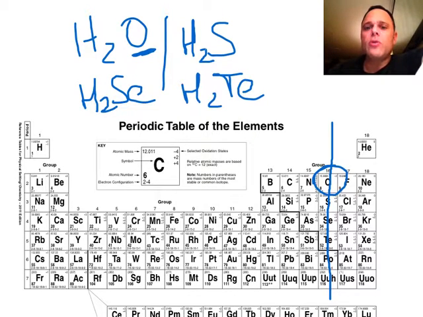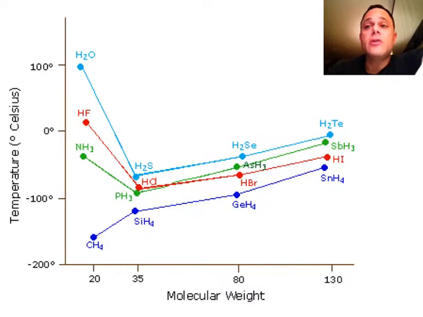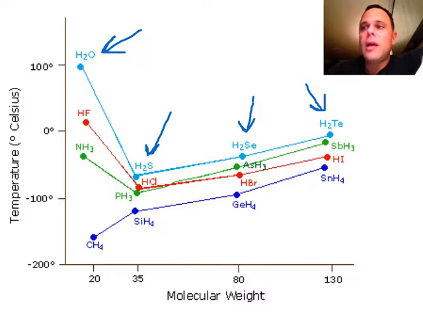Let's explore a graph for a moment. Now, just as I showed you, we were comparing H2O, H2S, H2Se, and H2Te. And what this chart is trying to tell you is, well, here's temperature on the y-axis, and molecular weight on the x-axis.